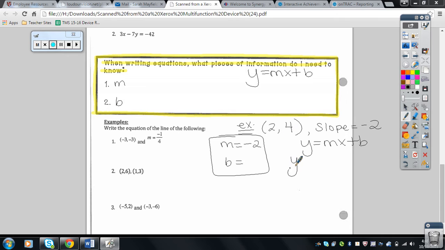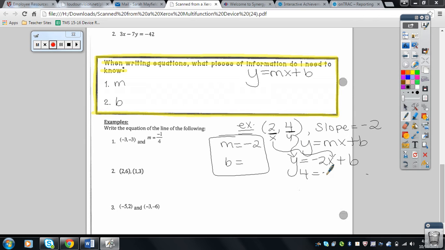So if I plug -2 into my equation, I now have y equals -2x plus b. So I need to be able to find b. So how am I going to do this? x and y are used as placeholders, okay? So 2 represents my x value, so I'm going to plug 2 into x. 4 represents a y value, so I'm going to plug 4 into y, and I'm going to solve for b.